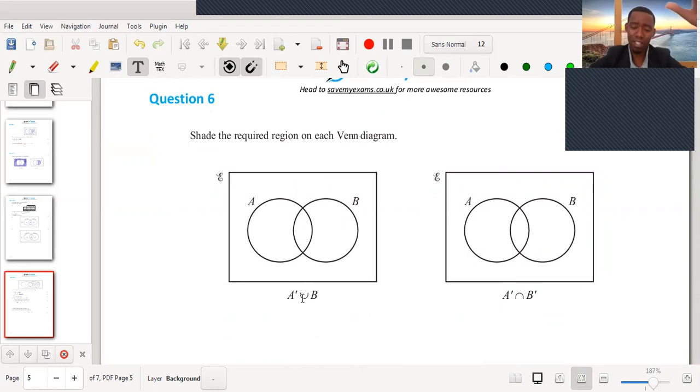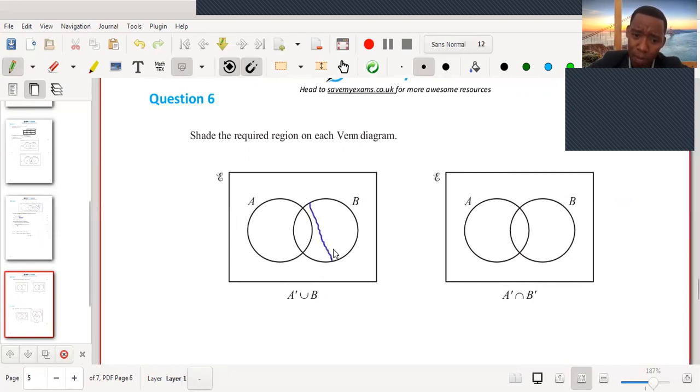Since it's union B, we can shade the whole B, but since it says A complement, in A complement we go outside A, so A complement will be this part and the outside part, everything outside here, and then union B. For union B, we shall also shade this part.